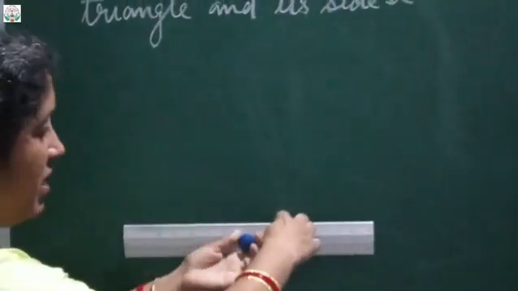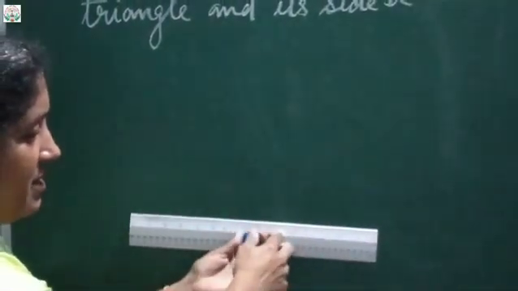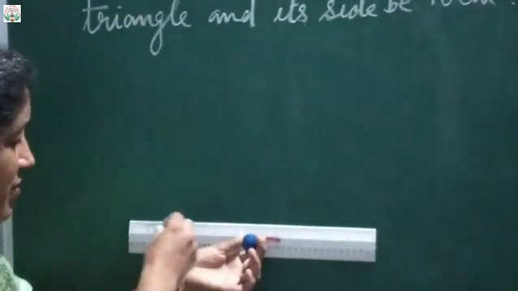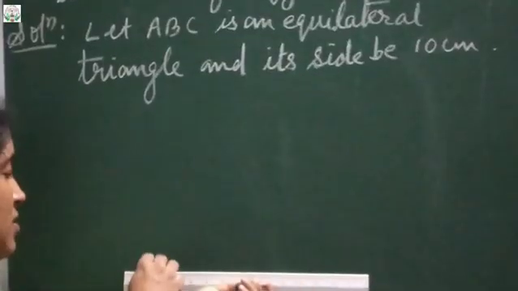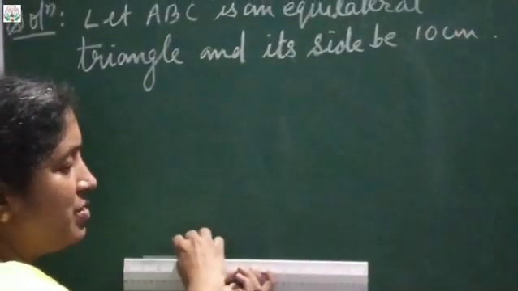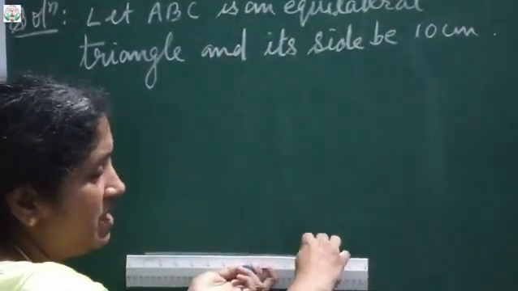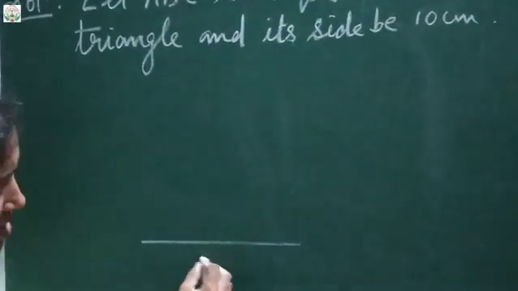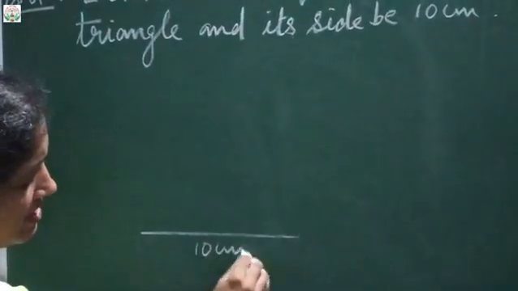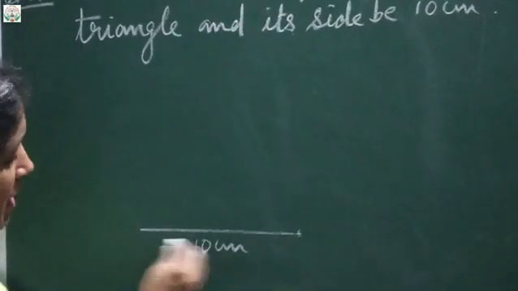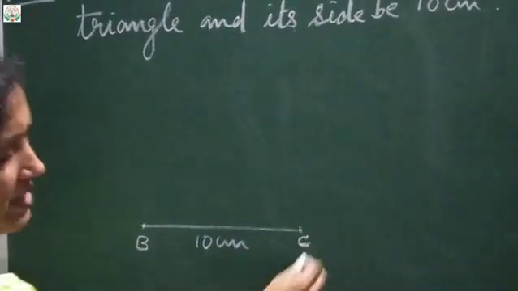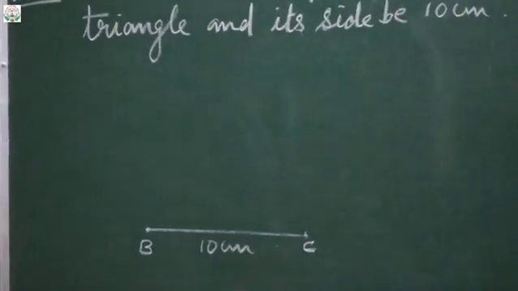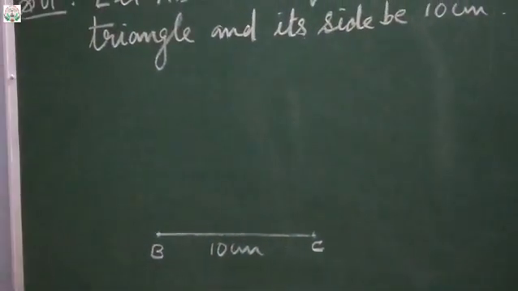Now let us take a line segment of 10 centimeters. From here I will draw till here to get 10 centimeters. This is my 10 centimeters and these are my endpoints, so let them be B and C. So I have taken BC as 10 centimeters.